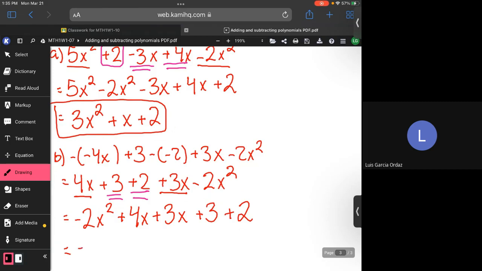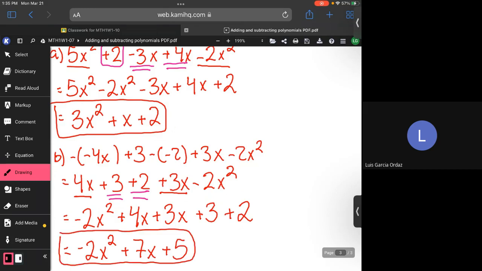Negative 2x squared plus 7x plus 5. There we go. Good job. So we got negative 2x squared plus 7x plus 5. So take a moment to copy this down.